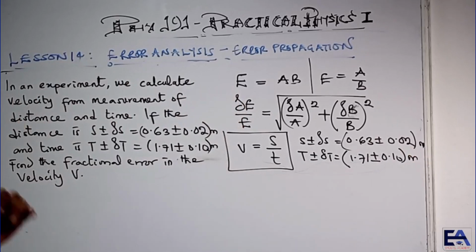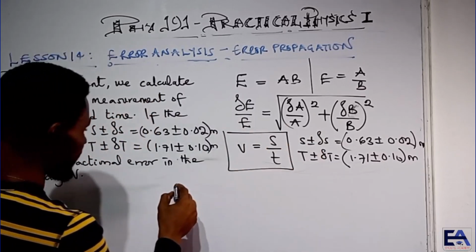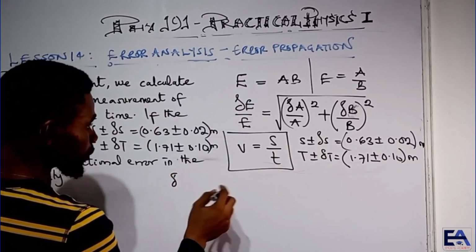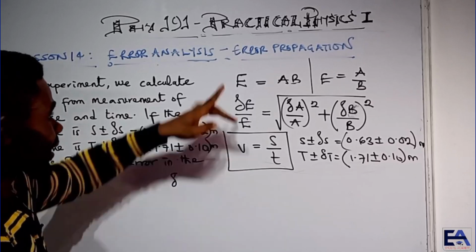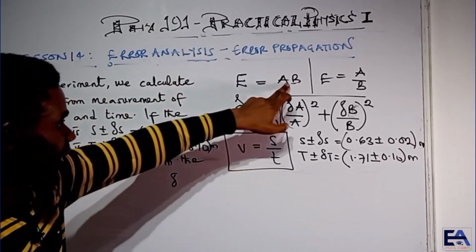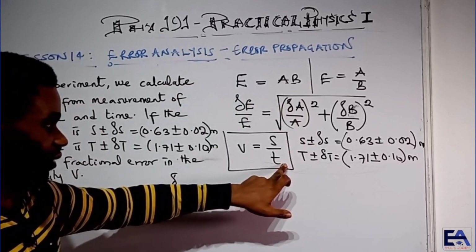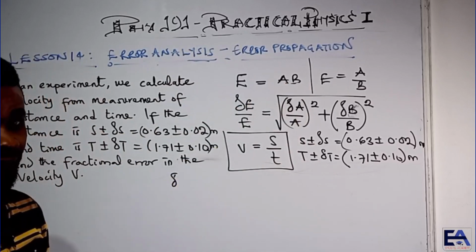In that case, E is our V, A is our S, and B is our T.